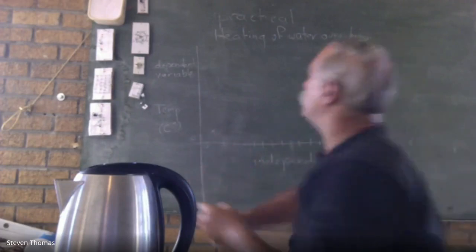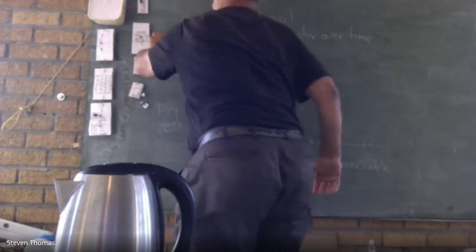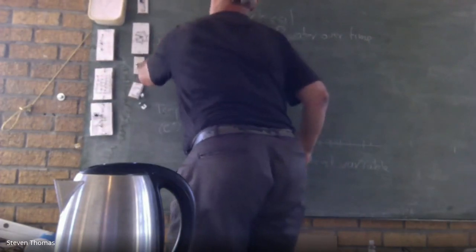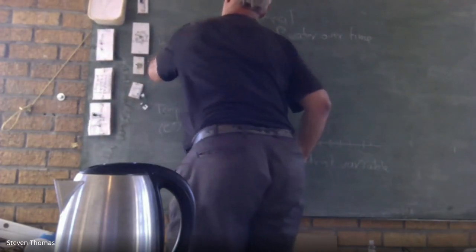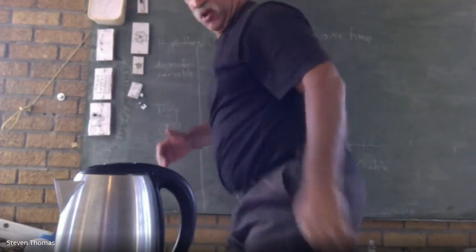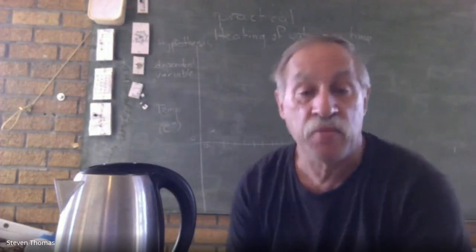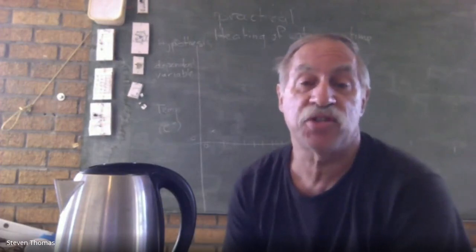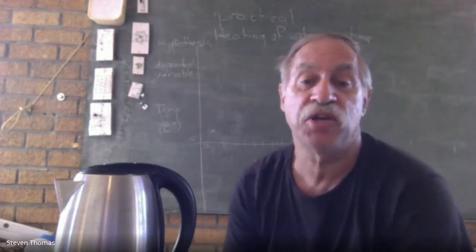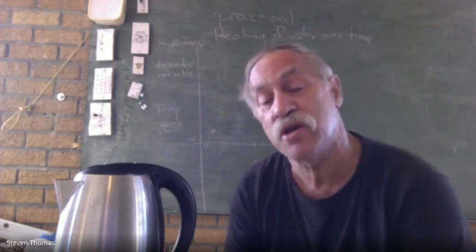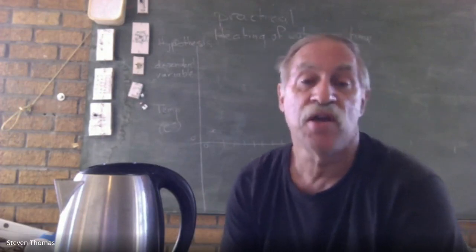So we must have a hypothesis. Our hypothesis is really what we expect is going to happen. The aim of the experiment is to see what happens to the temperature as we heat it over time. We're going to start with ice, then it's going to go to water, and then to steam. You all know that.